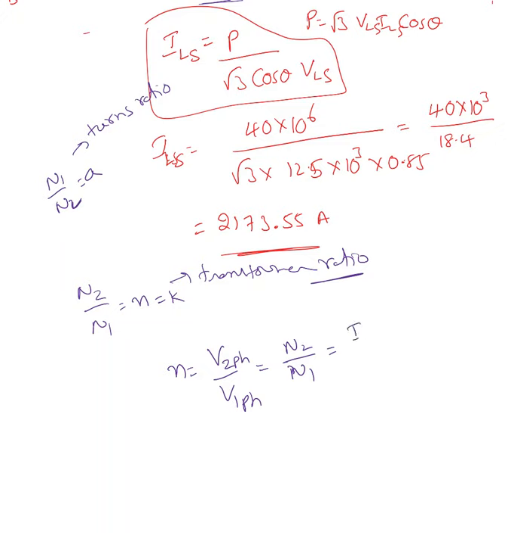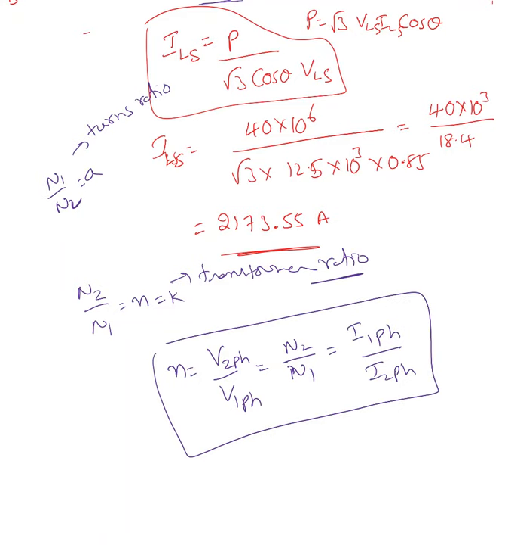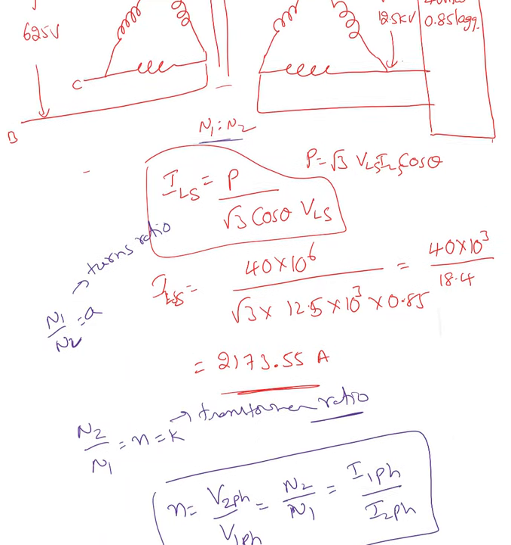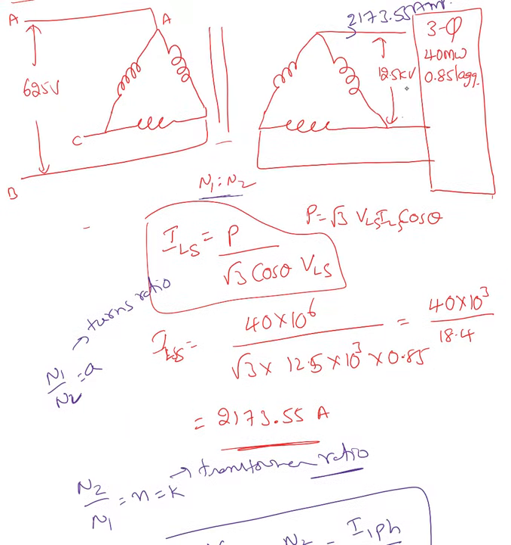It's the same as the currents, I1 phase over I2 phase. So this is the most important point. Now I already know the line voltage of secondary and line voltage of primary. Since it's a delta, we know that VL equal to VPH. So line voltage equal to the phase voltage in delta. Both sides we have delta, so we don't need to worry.